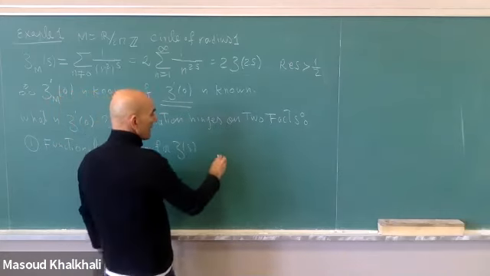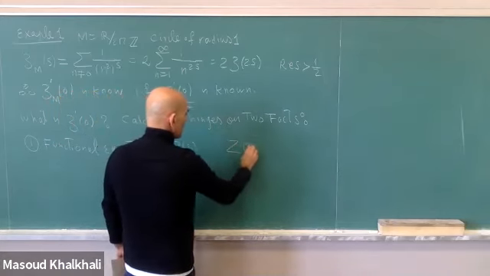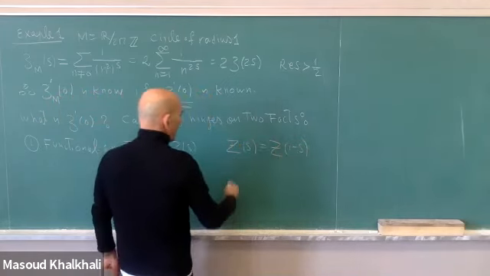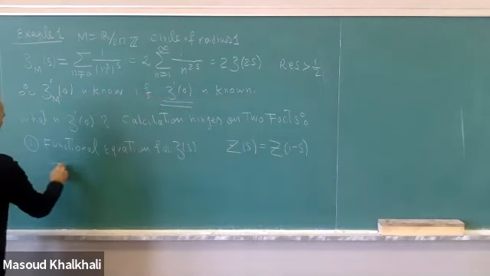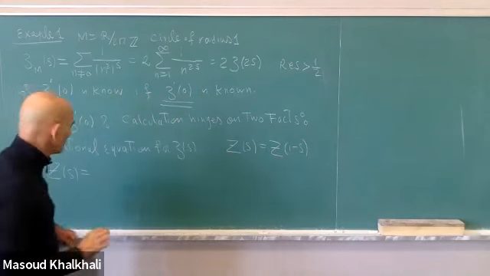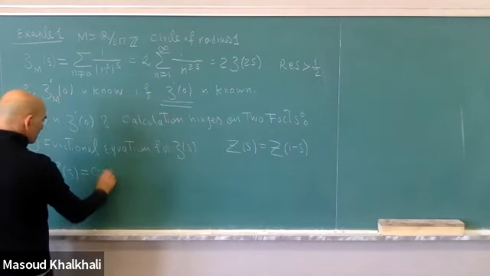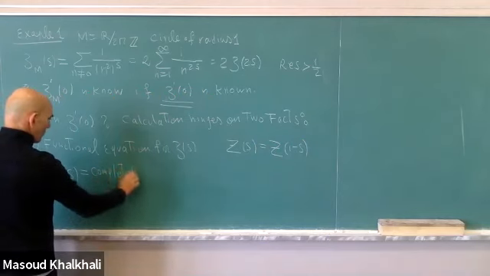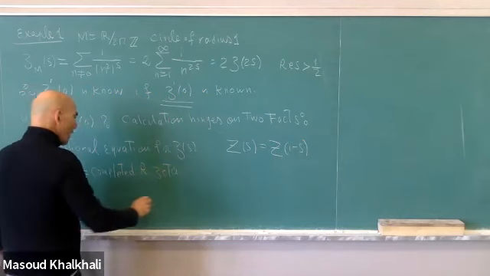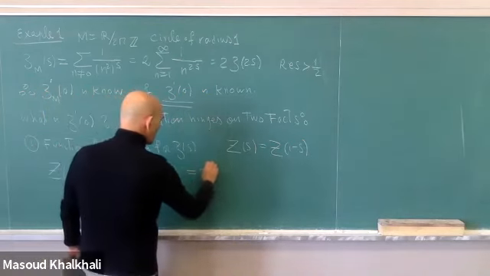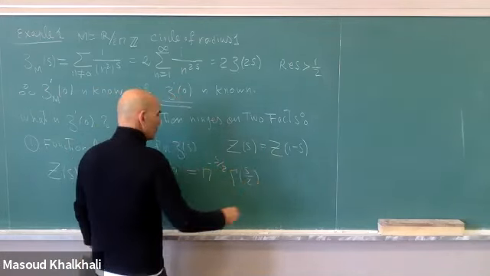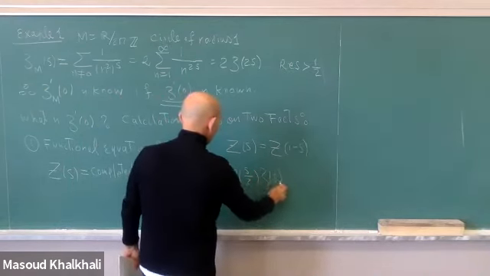Remember, we wrote it as Z(s) equal to Z(1 minus s), where this Z is called the completed Riemann zeta function. And this is equal to pi to the power minus s over 2, gamma of s over 2, zeta of s.